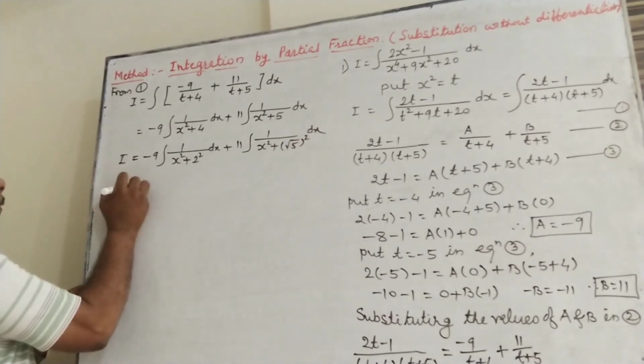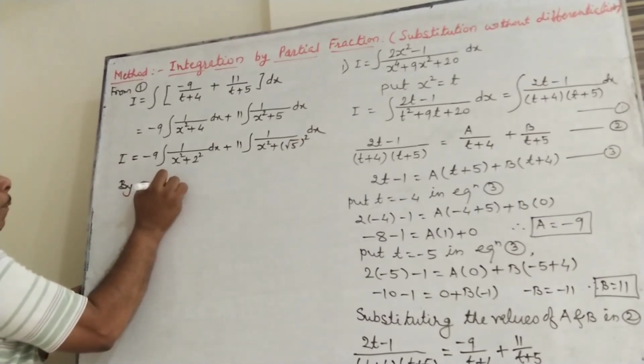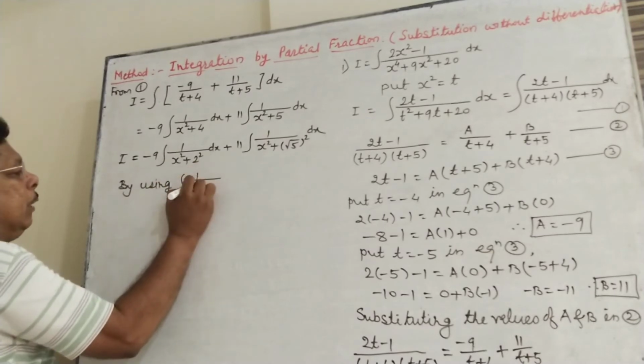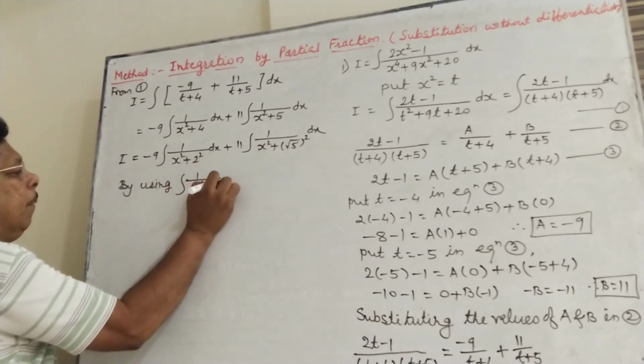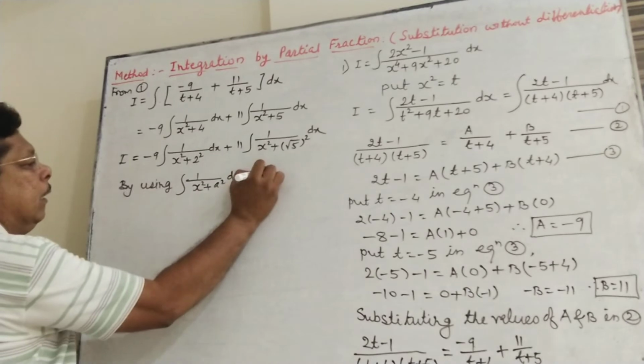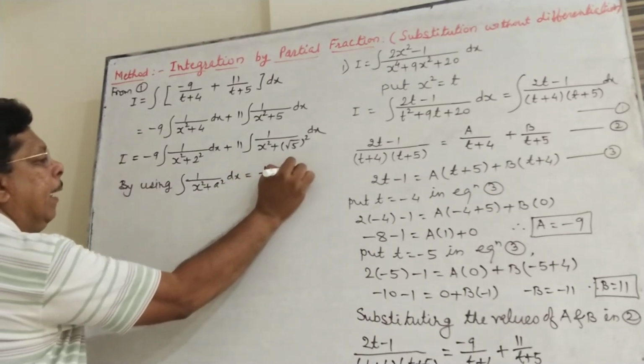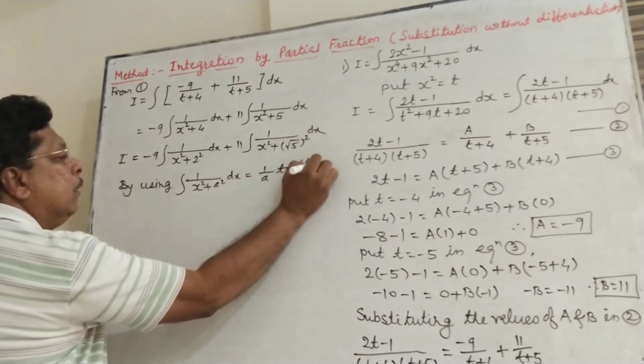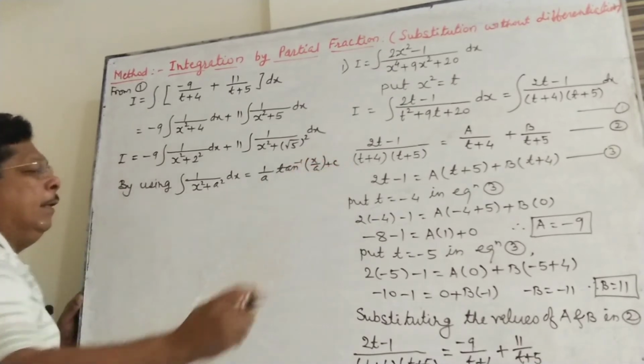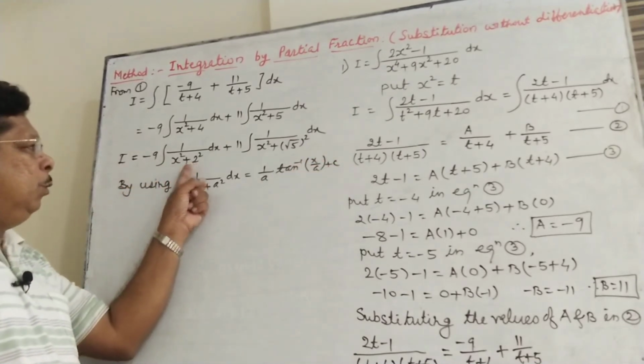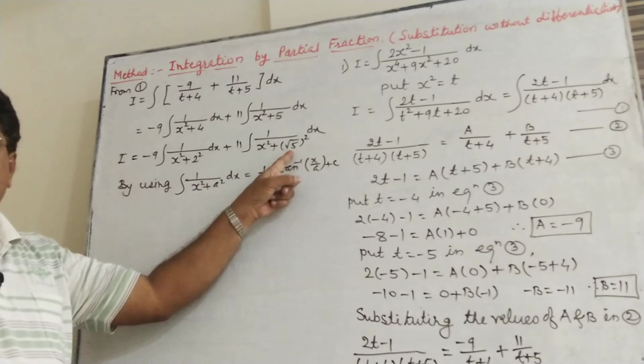By using which formula is applicable? Integration 1 upon x square plus a square dx, that is 1 upon a tan inverse x upon a plus c. In the first integral a is 2, in the second integral a is root 5.